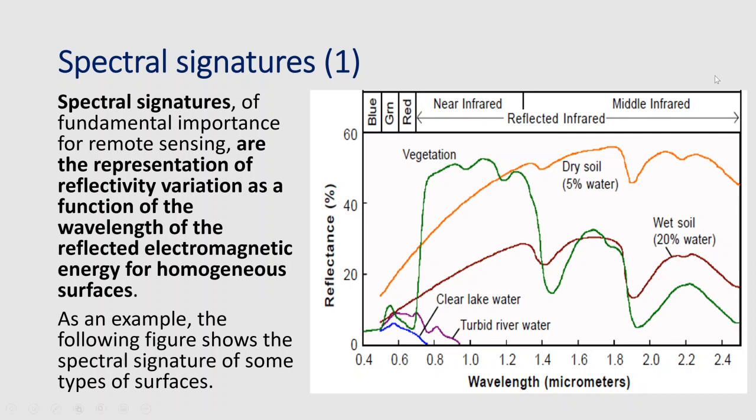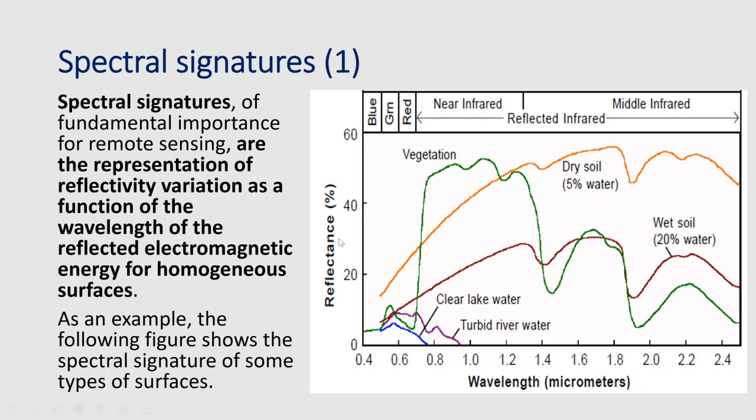You see that in this diagram there is no thermal infrared reference, because we mentioned that thermal infrared sensors are generally registering emission coming from the ground, while here we are only considering reflection.